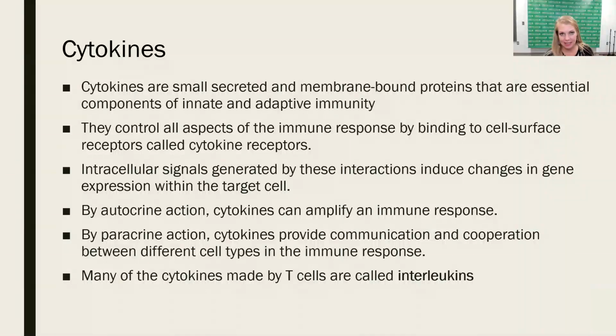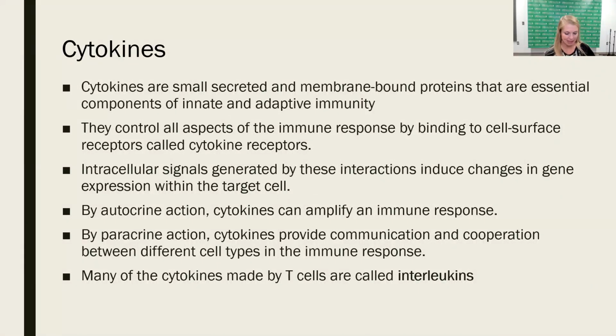Refresher, cytokines. Cyto, cell, kine is a chemical, I believe, is what we're going to go with. Cytokines are tiny little proteins that are secreted from one cell to another cell as a message. And they can be membrane bound as well. They don't have to be fully secreted.